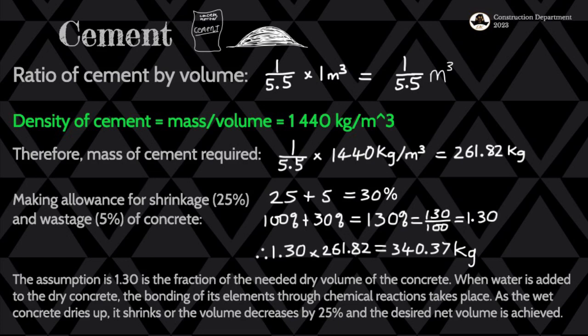So there is a chemical reaction that happens when water is added to bond these materials and make the concrete. At first, when they were still powder and stones, there were air spaces within them. But when the water is added and they start bonding, those air spaces are filled up, and that means the volume of the entire mixture is going to decrease.